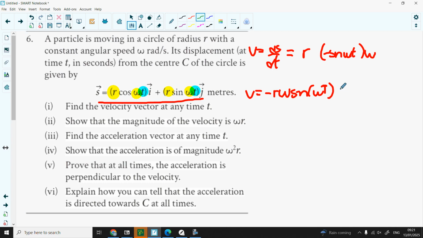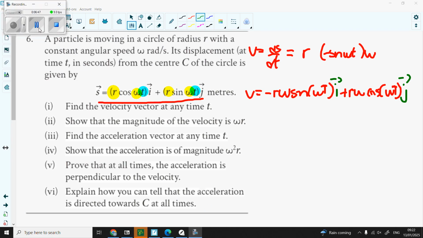And that's your i component, yeah? Now you've got to do your j component. What does sine turn into? Cos. So it'll be plus r omega cos omega t j.